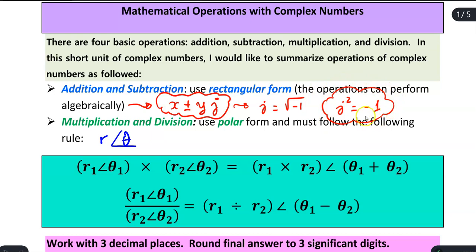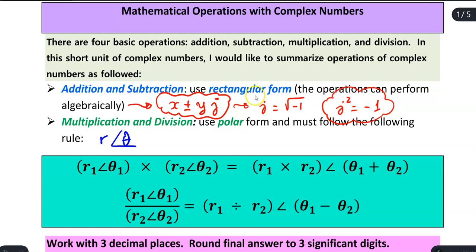However, in this case, j squared equals -1, therefore it has a special name: imaginary number. Attached to the y, it will become the imaginary part of the complex number in rectangular form.